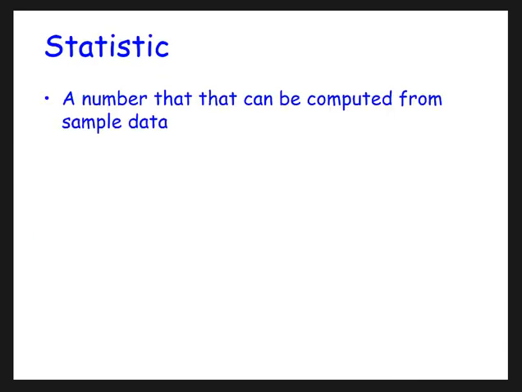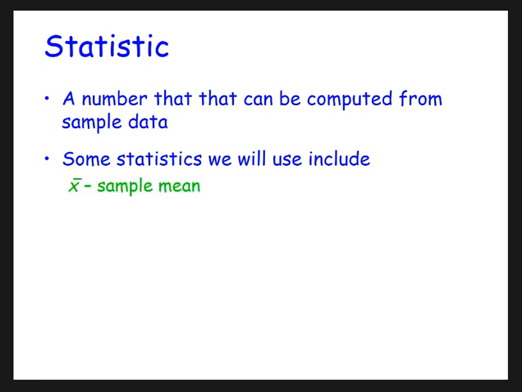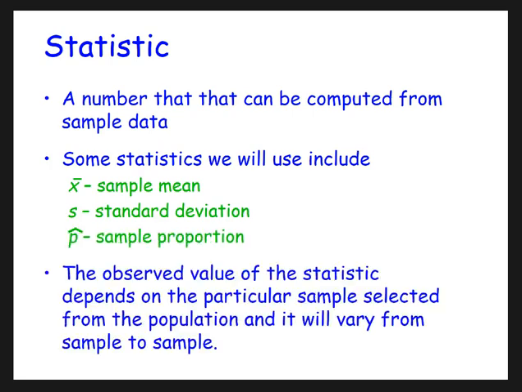So our statistic here is a number that can be computed from sampled data. A statistic, again, is a number that describes a sample. Some statistics we will use include the mean of the sample, the standard deviation of a sample, and sometimes we use the standard deviation of the population if we have it, and the sample proportion.